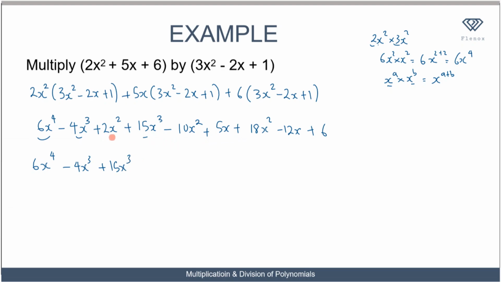Then the terms containing x squared: this plus 2x squared, this minus 10x squared, and this plus 18x squared. Then the terms containing only x: plus 5x and here minus 12x. You are left with only this, and you have plus 6.